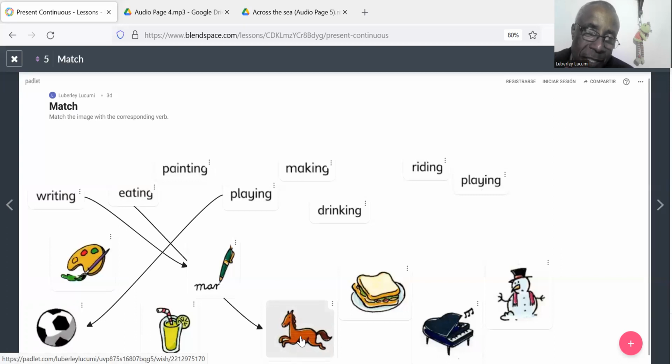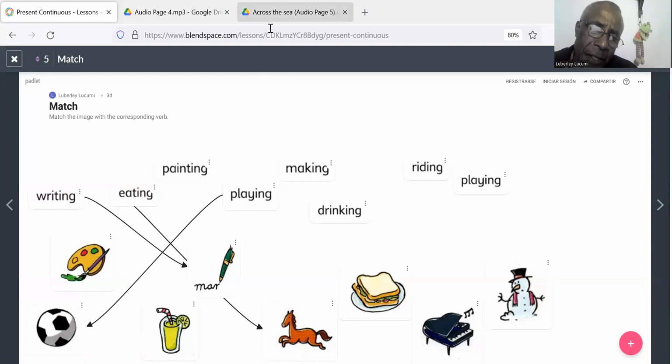Okay. Group number 2, please tell me. We have to join painting with that object. Yes, paintbrush and paint. Yeah, you're right.